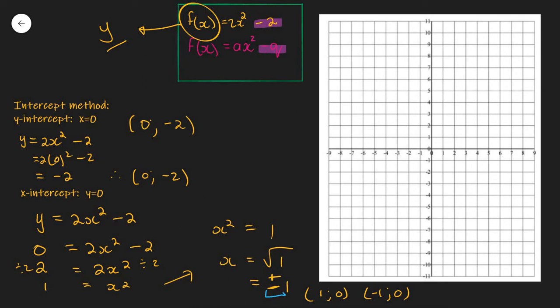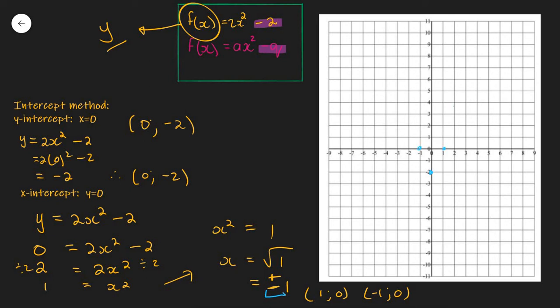Alright, that's basically it. So if you need to determine the intercepts of a parabola given the equation, this is what you do. I'm going to draw this quickly. My y-intercept is -2, my x is 1 and -1.